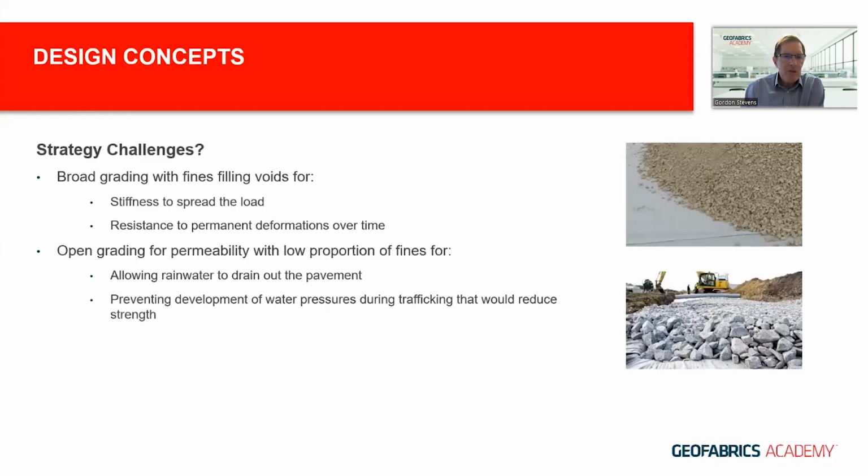At the same time, you also would like to achieve an open grading for permeability with a low proportion of fines, allowing rainwater to drain through the pavement and preventing development of pore pressures under trafficking that would reduce the strength of the pavement layers.